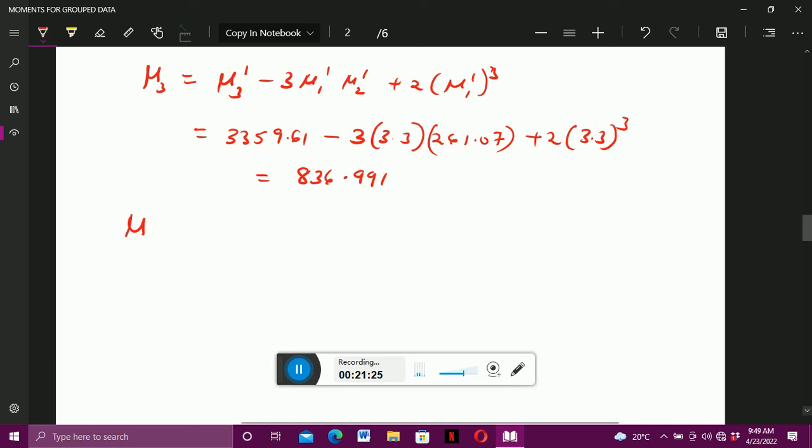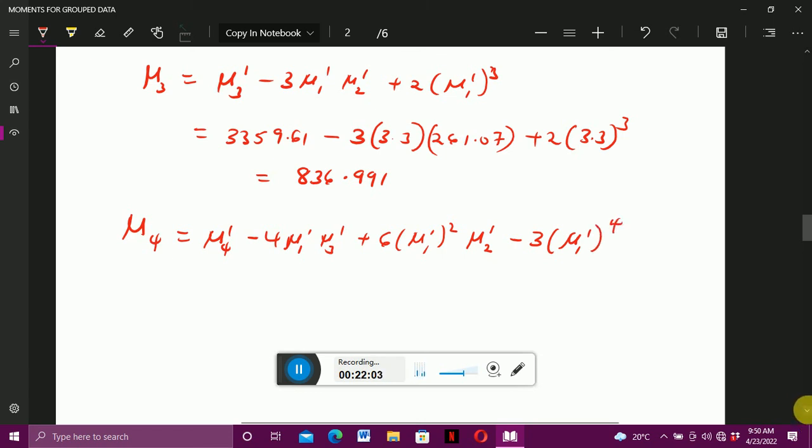So what is the fourth moment about the mean? It is given by mu4 prime minus 4 mu1 prime mu3 prime plus 6 mu1 prime squared mu2 prime minus 3 mu1 prime raised to power 4.